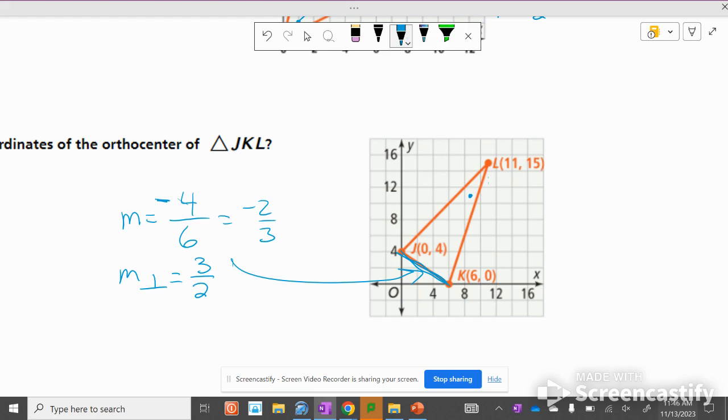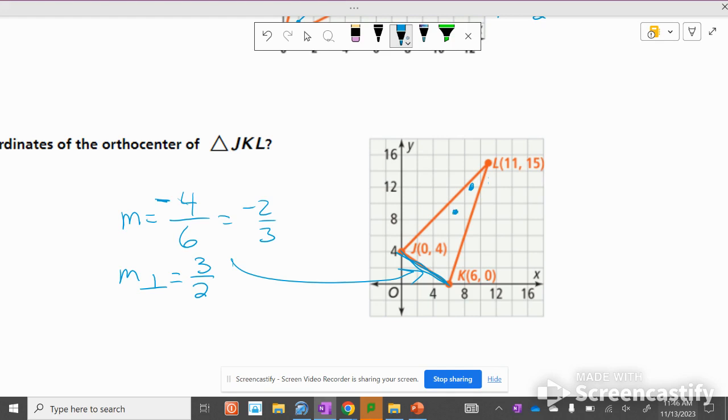See how every point goes 2? Okay. 1, 2, 3, 4, 5, 6, 7, 8. So my first point was at 11, 15. So if I go down 3, oops, I'm in the wrong spot. If I'm at 11, 15, I should be at right here, 9, 12. And then go down 1.5 and over here.